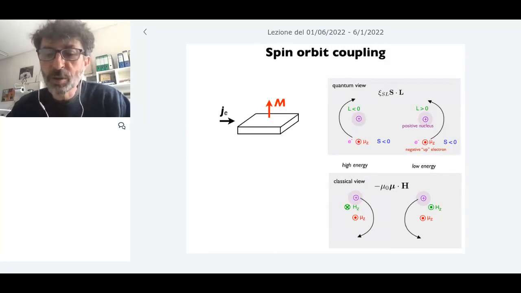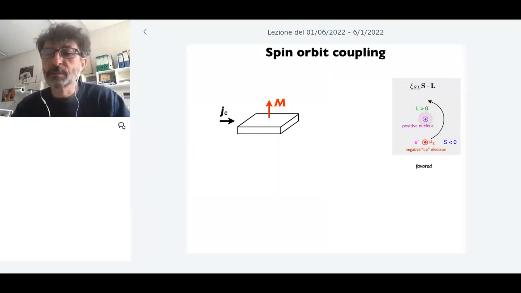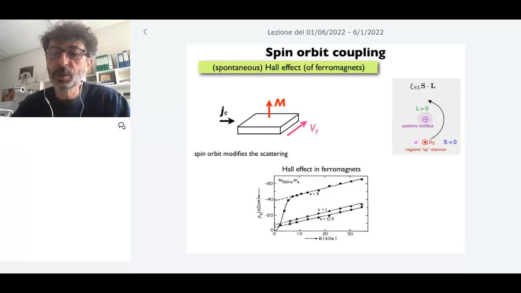This correlation favors one of the conditions: the more favorable one is where the equivalent magnetic moment of the electron and the equivalent field generated by turning around the nucleus are in the same direction. So the same magnetic energy we always use.